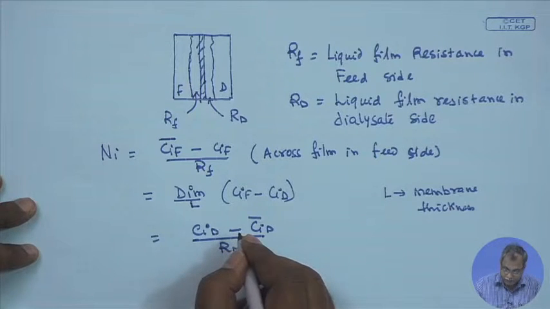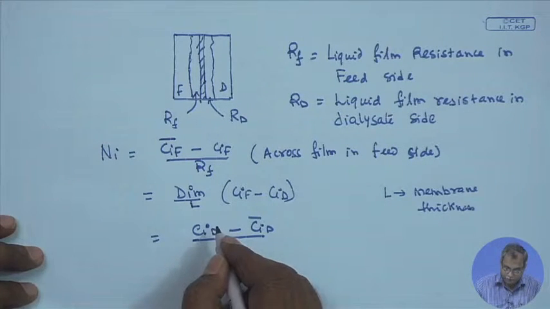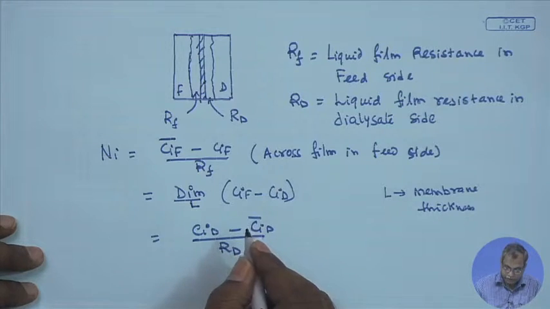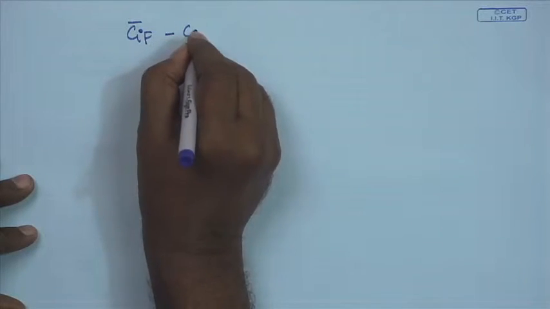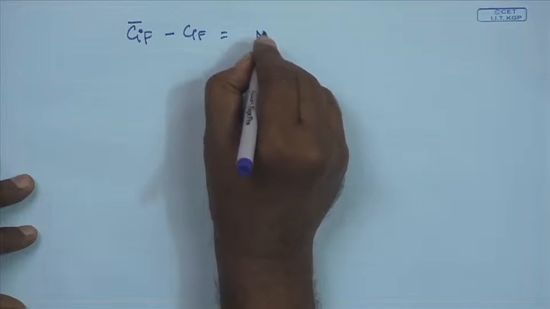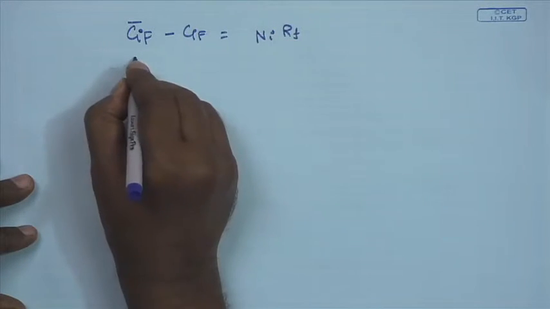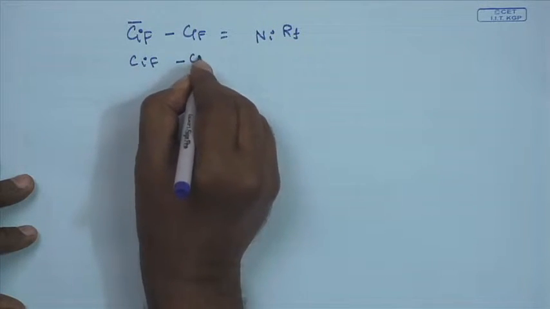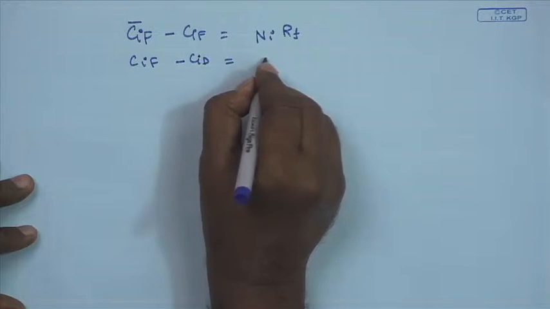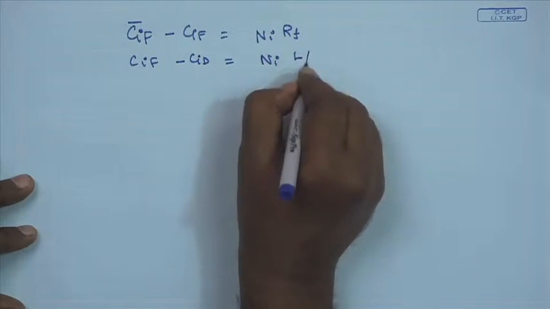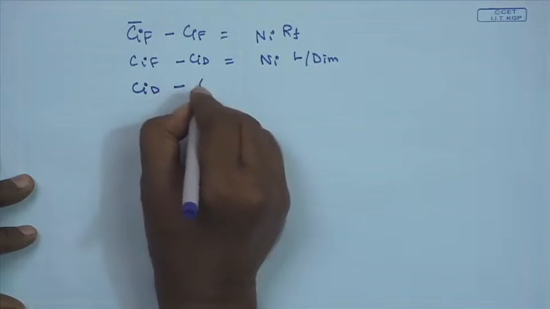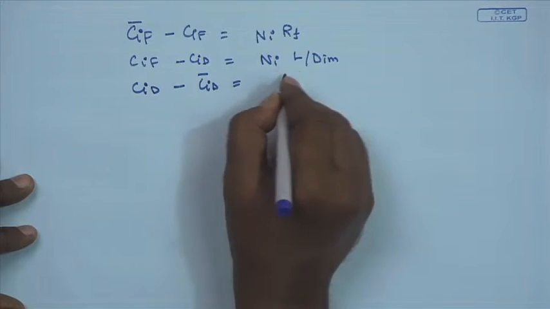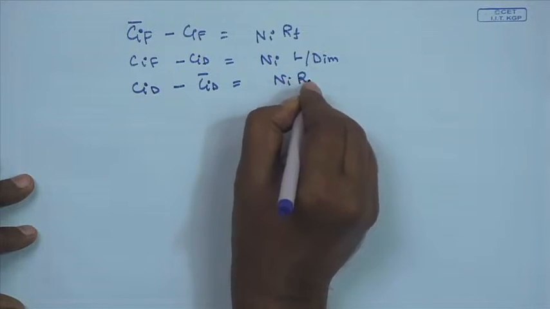So, now we can add this all up and see what we get. So, we will be getting an overall resistance. From the 3 equations we will be getting Cif bar minus Cif is equal to Ni Rf, Cif minus Cid is equal to Ni L over Dim, and then Cid minus Cid bar will be giving you Ni Rd.